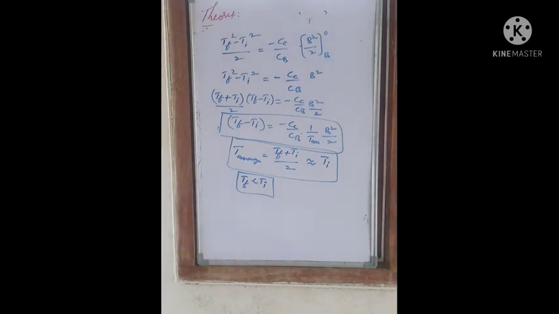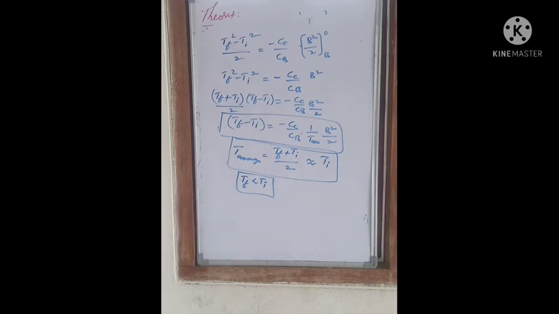And you must remember when we will get the maximum cooling effect. When will we get maximum cooling effect? When the intensity of the magnetic field is more, when the initial magnetic field density is more, then we can get more cooling effect.